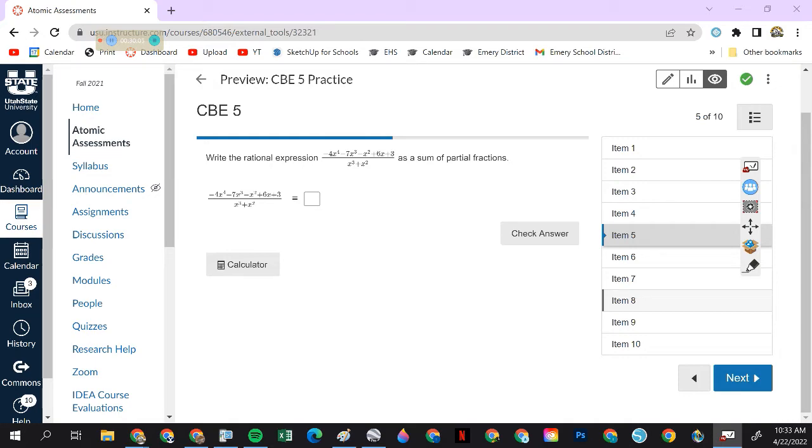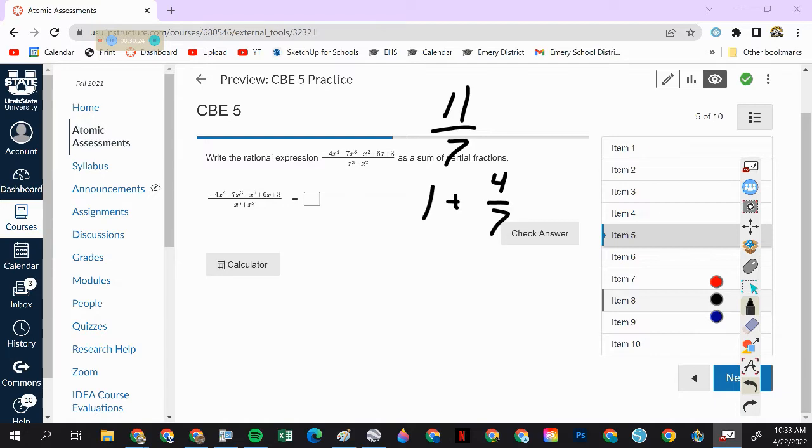So if I asked you, do a partial fraction decomposition on the fraction 11 over 7. Okay? Well, 11 over 7 can be changed to 1 and 4/7. And then we find the fractions that created 4 over 7.